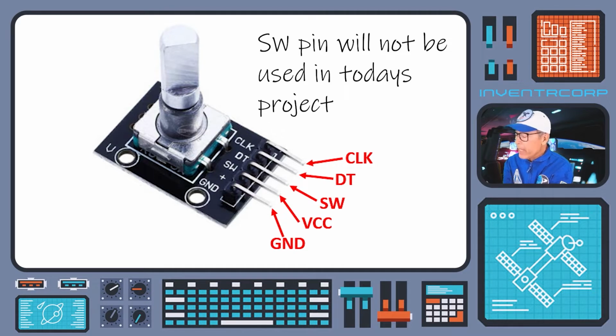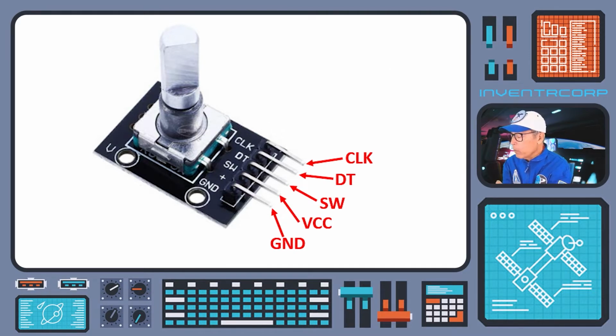Instead, we'll be paying attention to the top 2 pins labeled CLK, or clock, and DT. Now, those names aren't particularly helpful for us today because they're really just of historical significance as far as we're concerned. We might as well just refer to them as A and B. And so I'll talk about those two pins, A and B, that way for the next few minutes, although we will use the CLK and DT to distinguish them when we're writing our code.